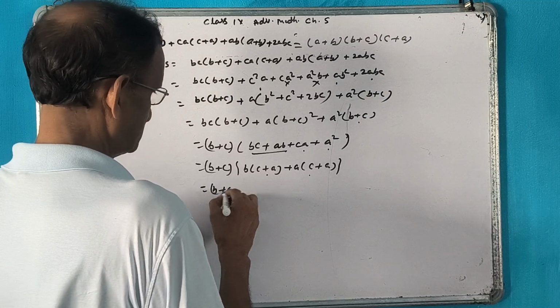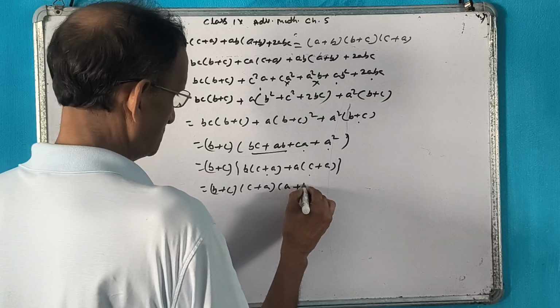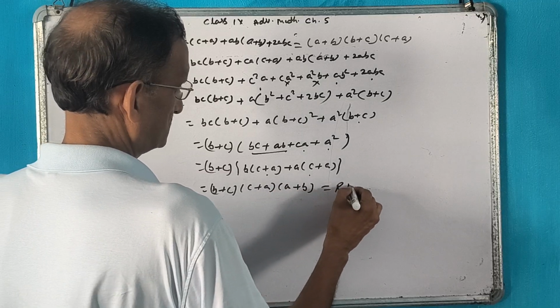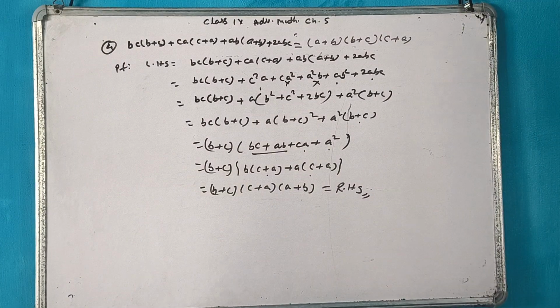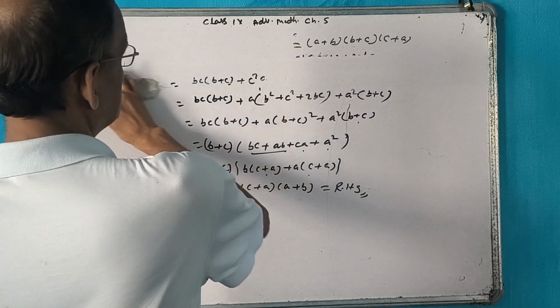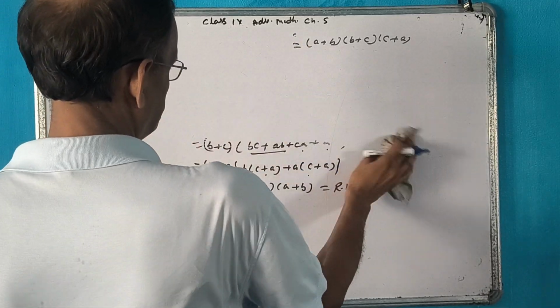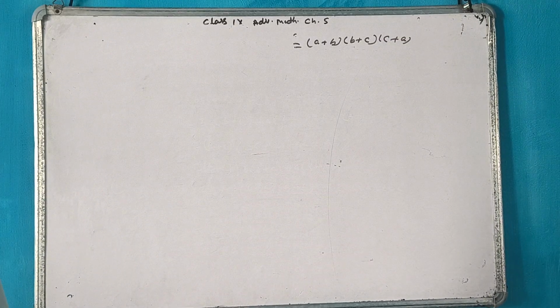So B plus C, again C plus A common, and B plus C we are getting, we can write A plus B, and this was the RHS. So this was number 4. Similarly number 5 we have number 5.